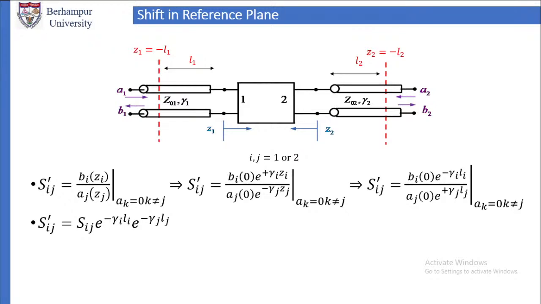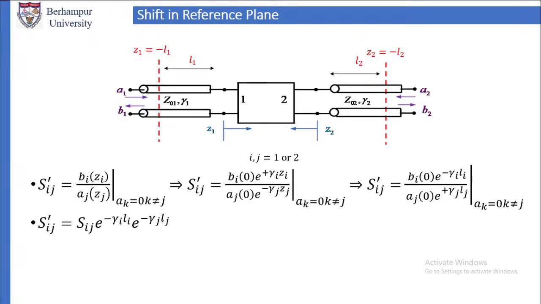We will define Sij dash as Bi by Aj, but now it is not Bi0 or Aj0; it will be Bi and Aj with the shift shown here. So Zi is not 0, Zj is not 0; they represent the shifts. So Bi at Zi, Aj at Zj.